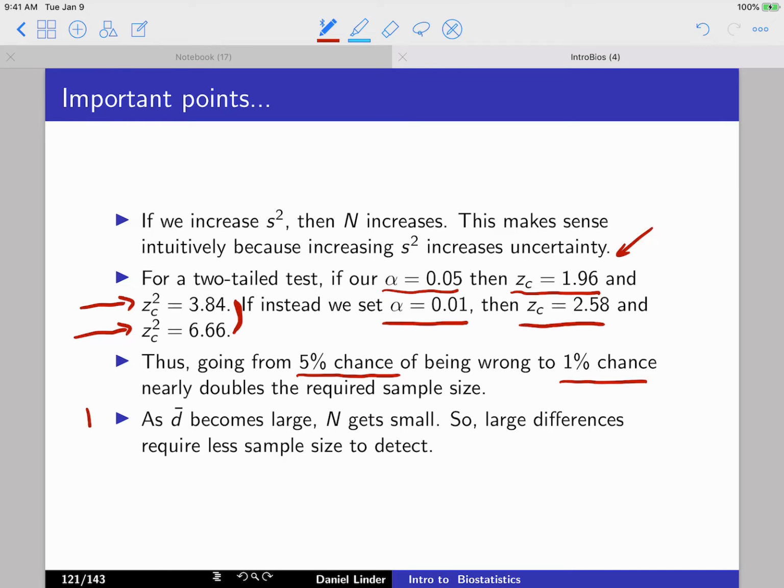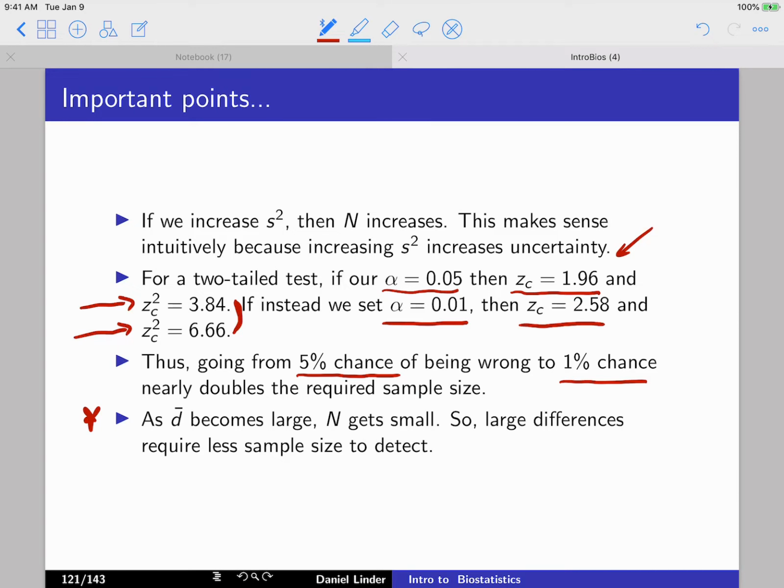Well, another thing we can gauge by looking at this formula is what happens if d bar becomes large. Remember, d bar is the difference that we're trying to detect. So d bar would, for instance, be the difference in, say, mean systolic blood pressure between a placebo and a treatment group.